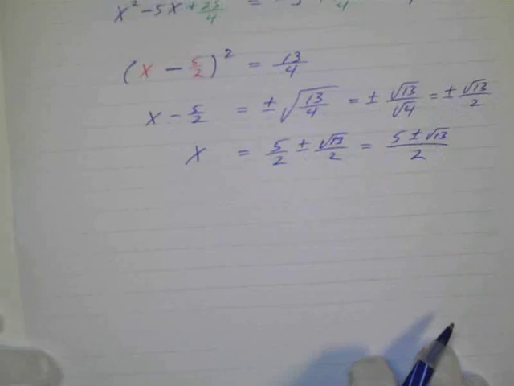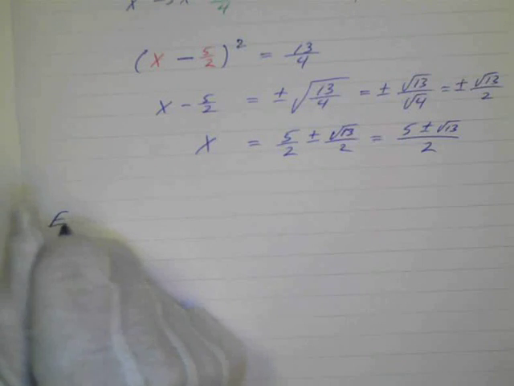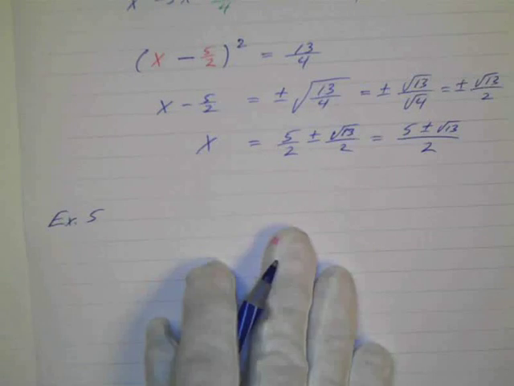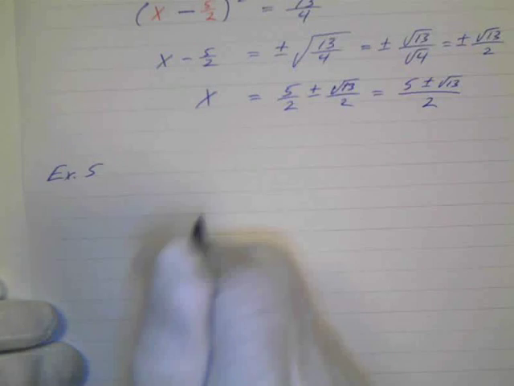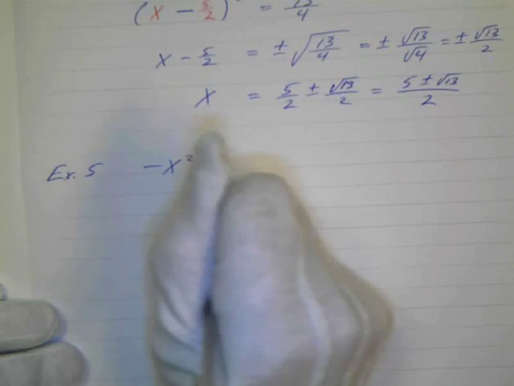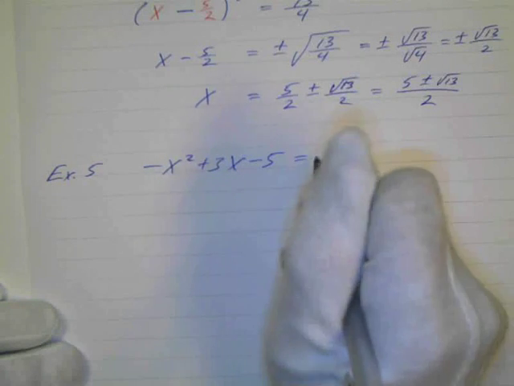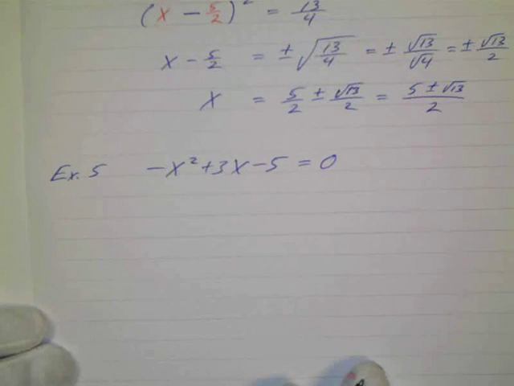Okay, let's try another one of these. Here's example 5. And this is negative x squared plus 3x minus 5 equals 0.